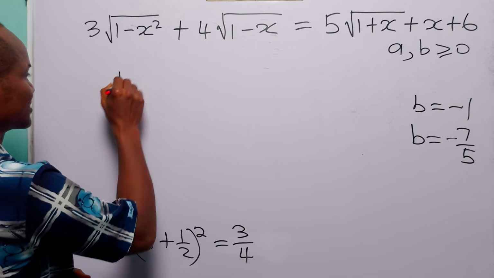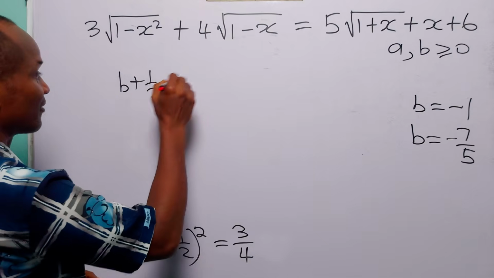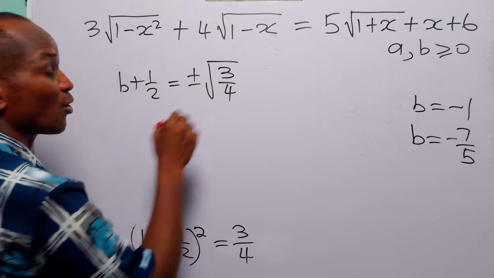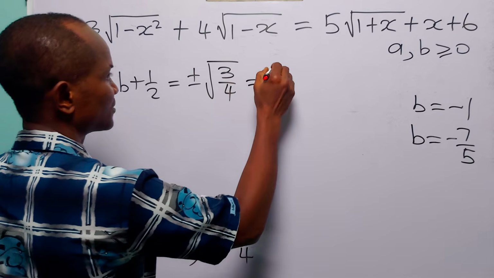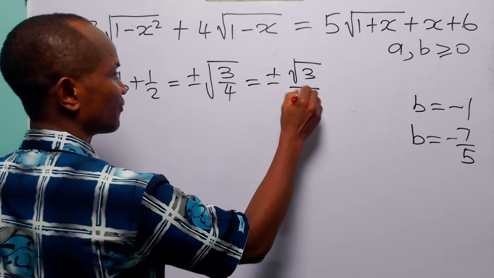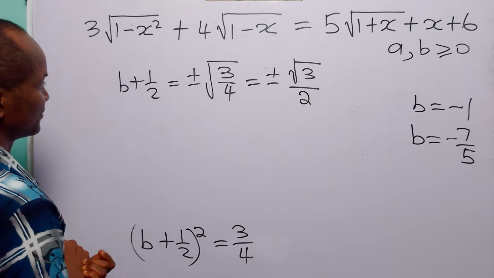And the last step is to take the square root of both sides of this equation. When we do that, we have that b plus half is equal to plus or minus the square root of 3 over 4. This is equal to plus or minus the square root of 3 divided by the square root of 4, which is equal to 2.